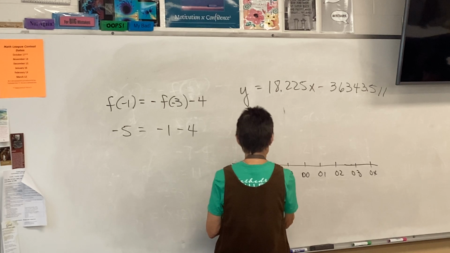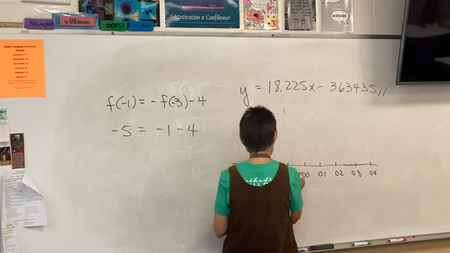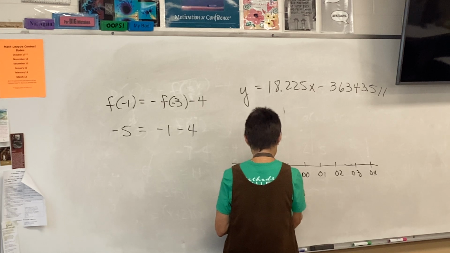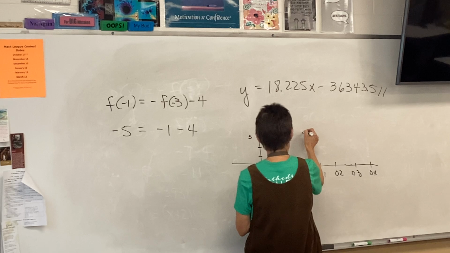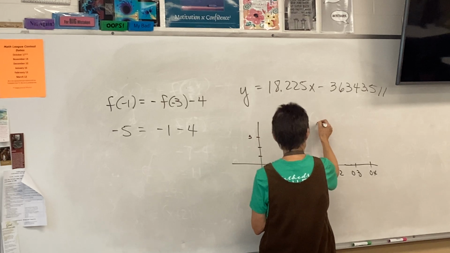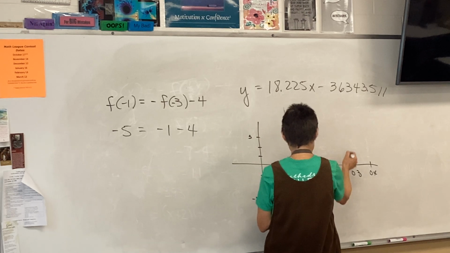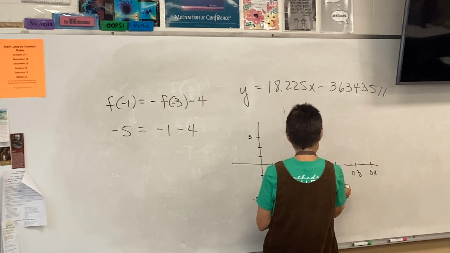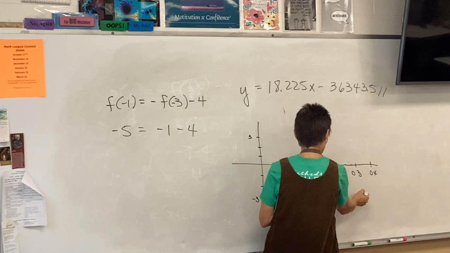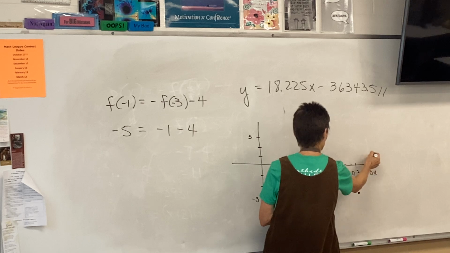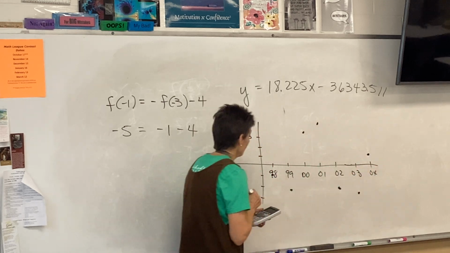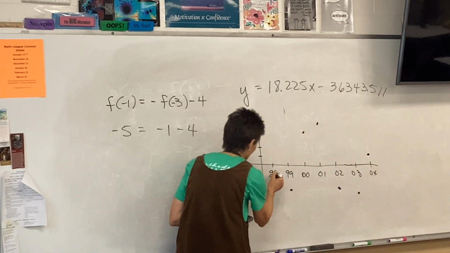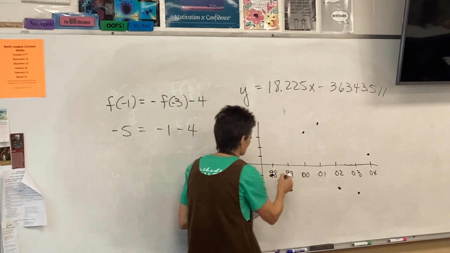Didn't get my first one, so negative 0.8. And then negative 2. There we go. And hopefully that looks like what the calculator shows.